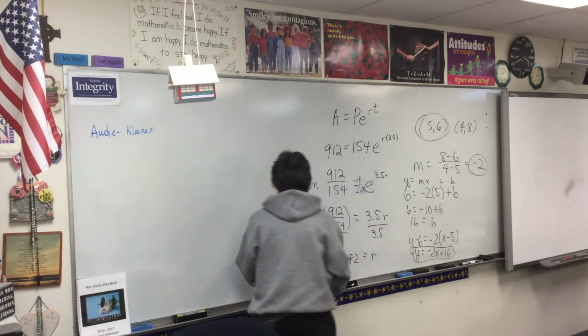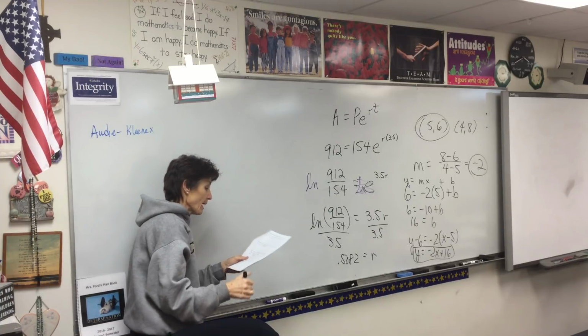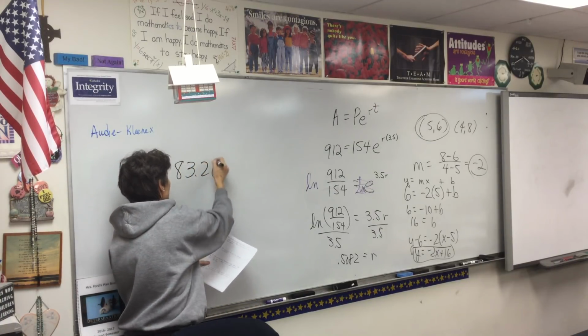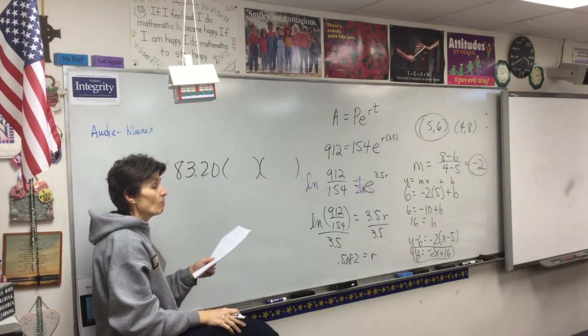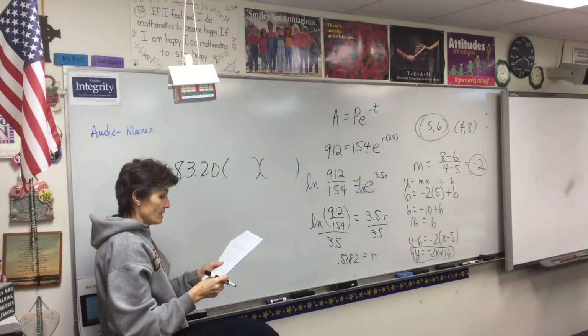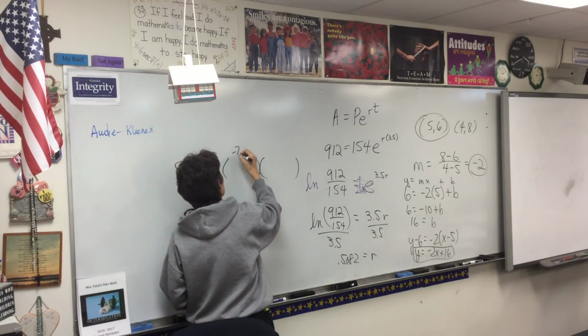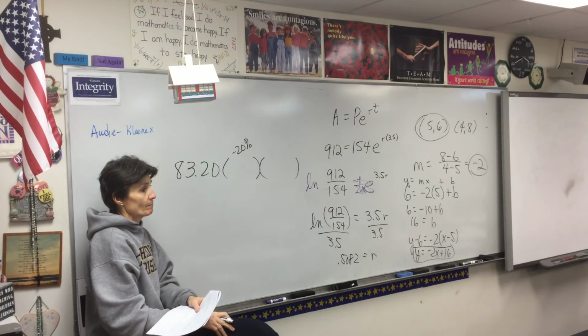Next, another one you shouldn't be missing. I go to the store and I'm gonna buy something that's $83.20. But that isn't how much I am paying, because there is a 20% discount. So I am gonna take off 20%. So it's gonna be 80.